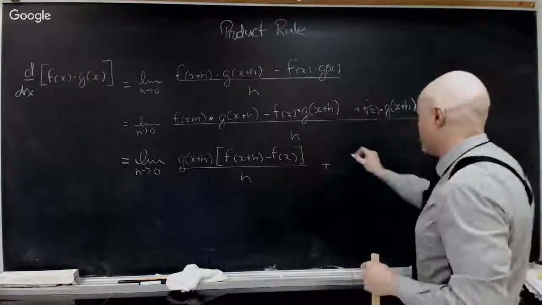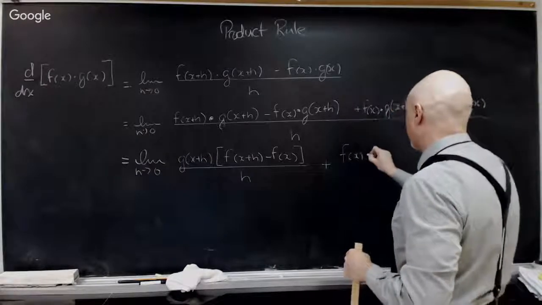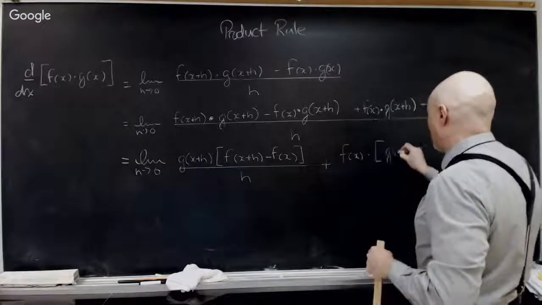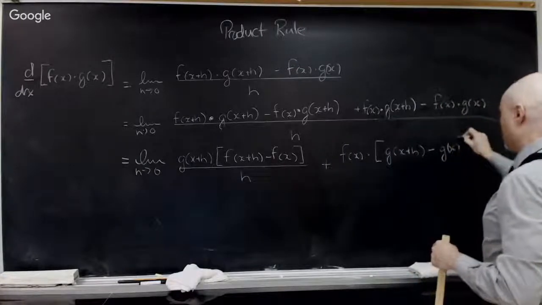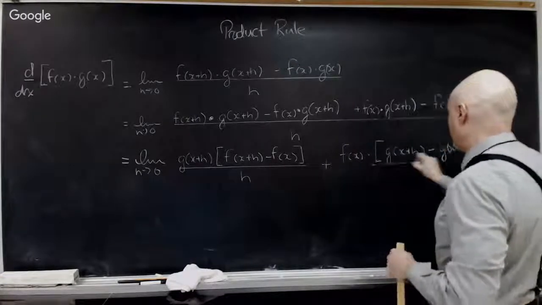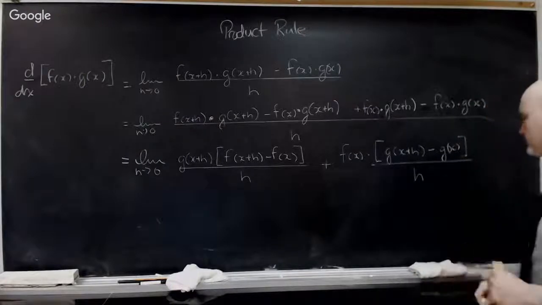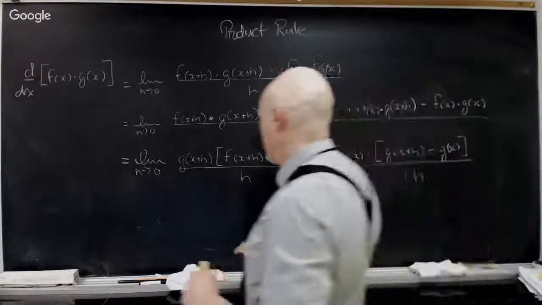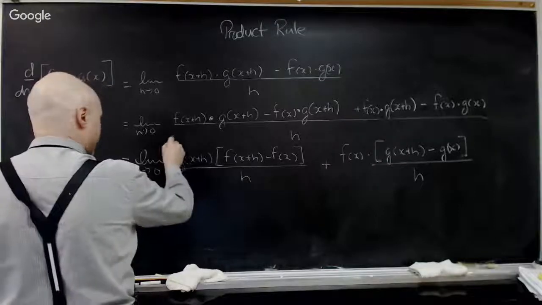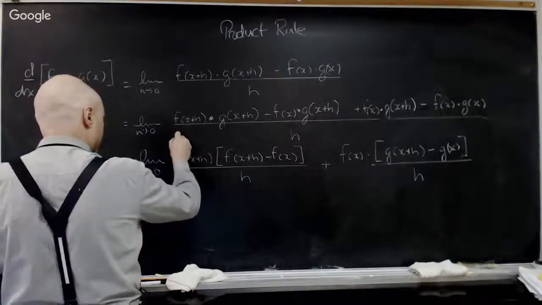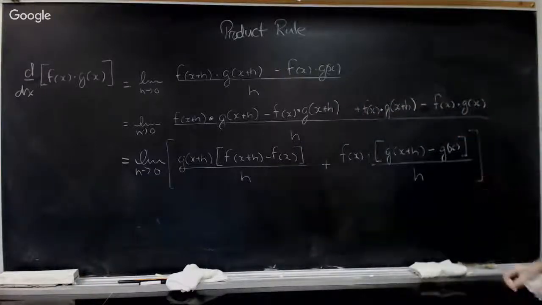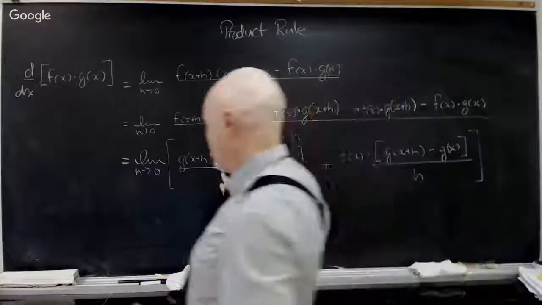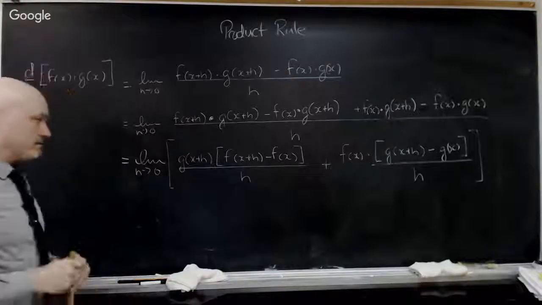And let's see, if I take f at x out of this one, I wind up with what looks like and is the derivative of g at x. I better put square brackets around, rather than braces, just to indicate that the limit applies to everything in there.